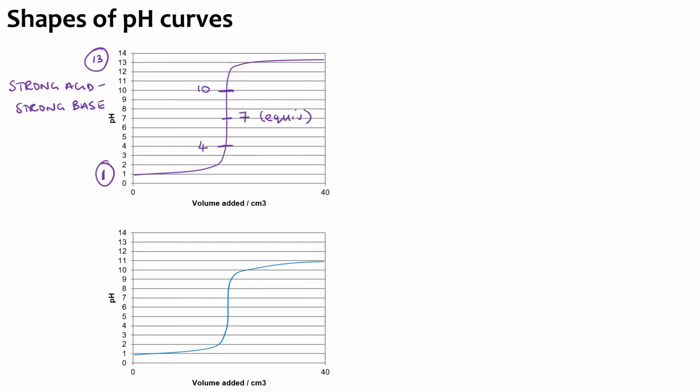Now the next graph we're going to have a look at here is this blue one, and it is again a mirror image of one we've looked at already. And again, it starts off with a pH of about 1, which means that we're starting off with a strong acid. But we're ending up with a pH of about 10 or 11, which means that we're ending up with a weak base.